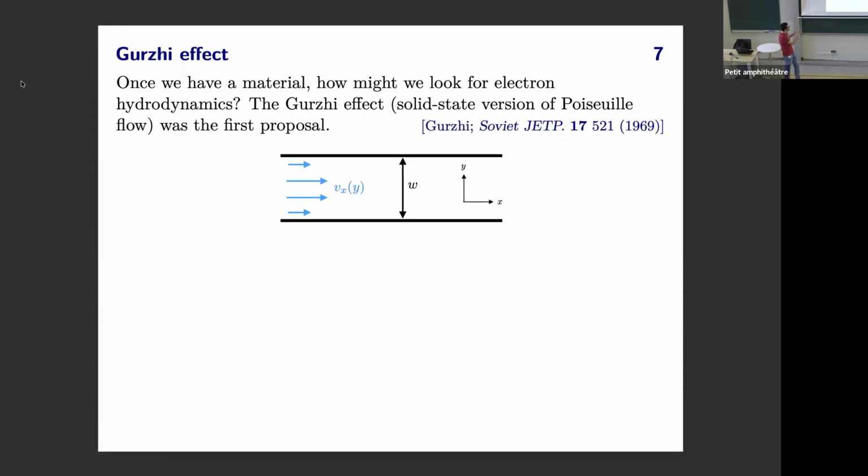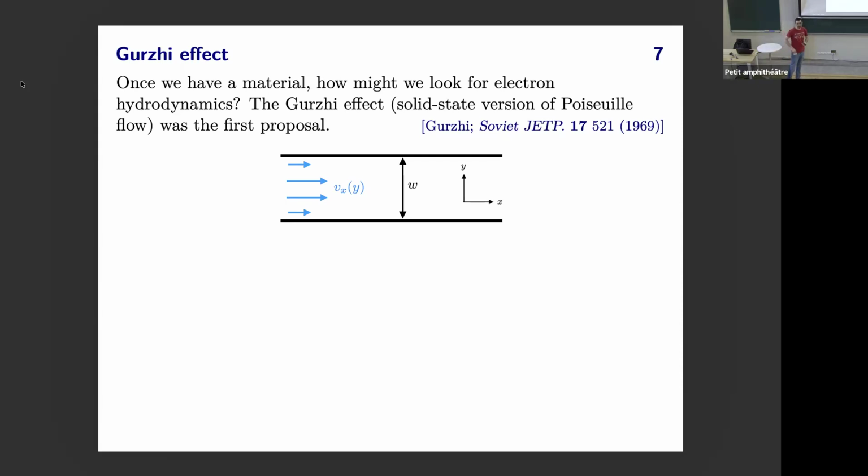But anyway, he was already thinking back in the 1960s about what might happen if you had very clean electronic systems with this separation of momentum-conserving versus relaxing length scales. What could you see?